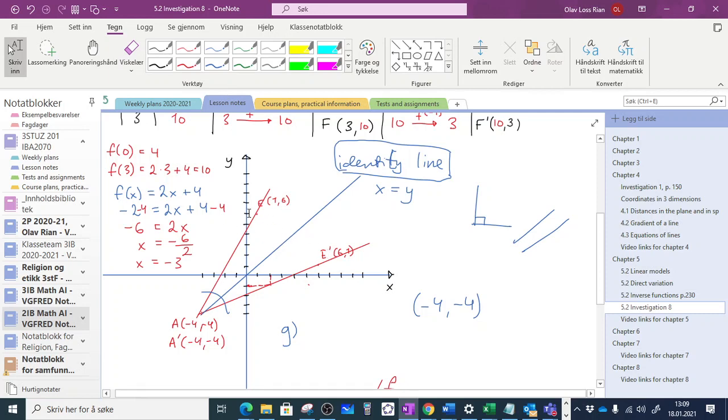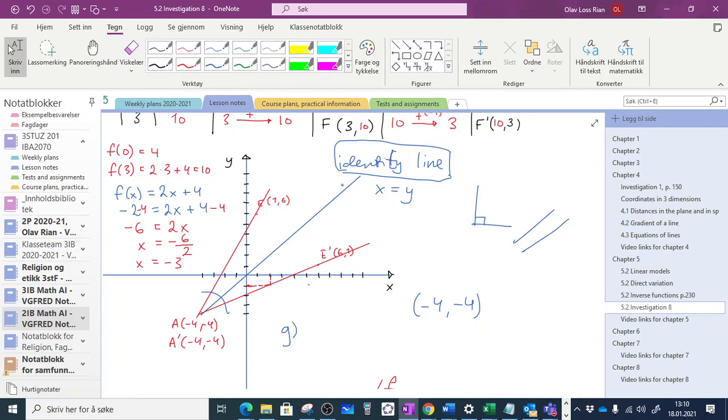And this is also part of the reason why we talk about the image of x under the function f, is that we project the image across or through the identity line. So it makes sense to talk about a projection then. It's a mirror image around the identity line.